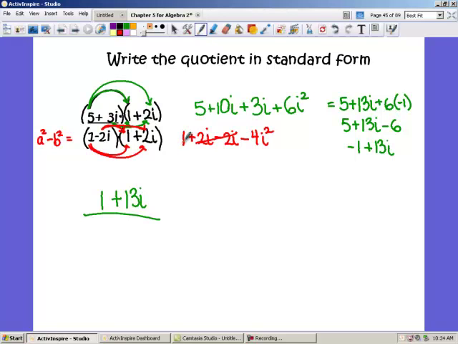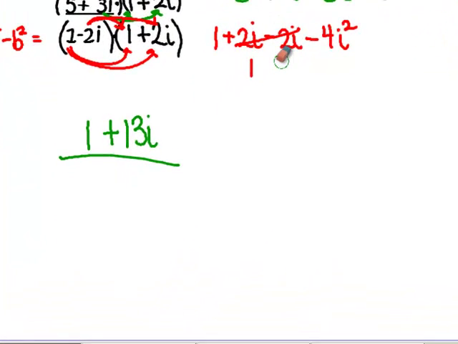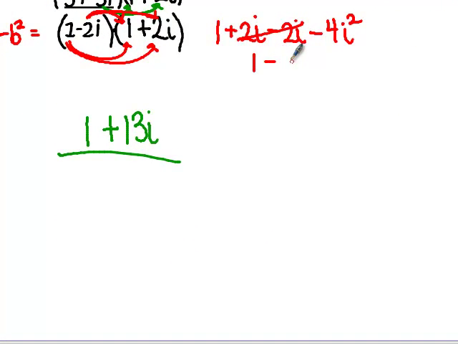So we have 1 minus 4i squared, and i squared equals a negative 1. And so now we have 1 plus 4, because negative 4 times negative 1 is positive, and that will equal 5. So here's our bottom number.